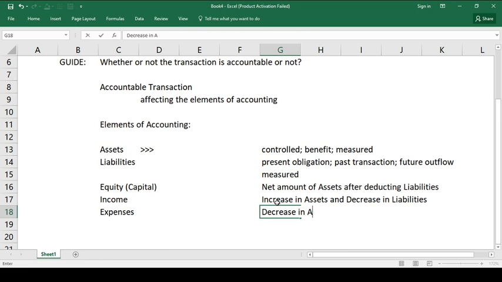It means the total assets decrease because of the usage of the 20,000. It means that the 20,000 decrease in the total asset is an expense because we already used it, and we cannot have an inflow on that anymore.